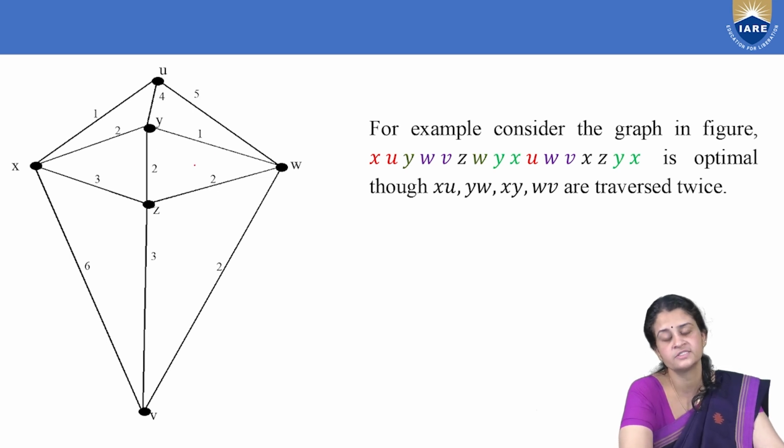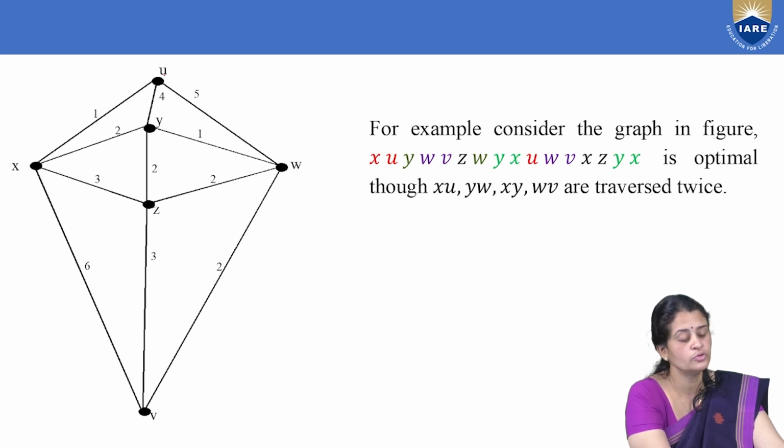It is weighted, and suppose the weights are the distances between these vertices. We have to find this optimal tour. So we can find that from X to U.